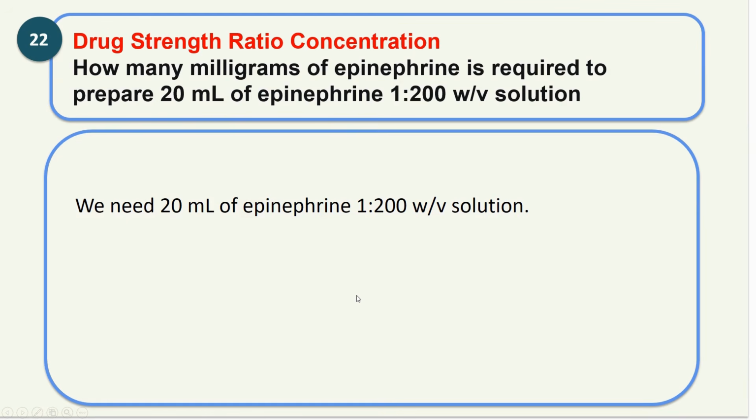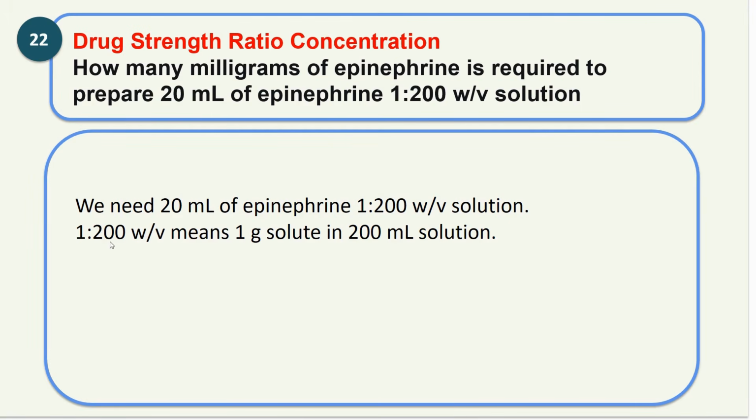So let's solve here. We need 20 mL of 1 to 200 weight by volume. That means we need 1 gram of solute, the epinephrine powder, in 200 mL. So therefore convert this to milligrams. 1 gram equals 1000 milligrams.